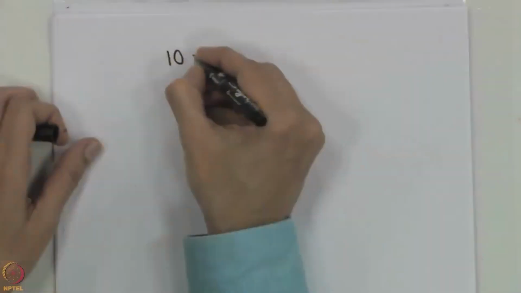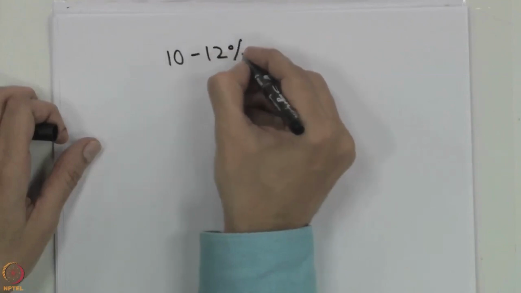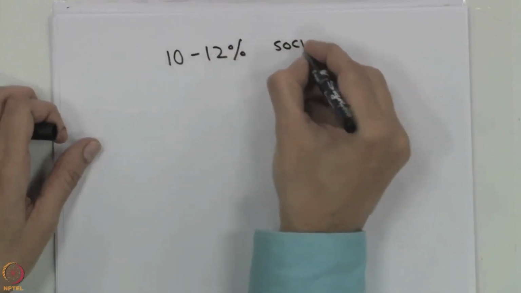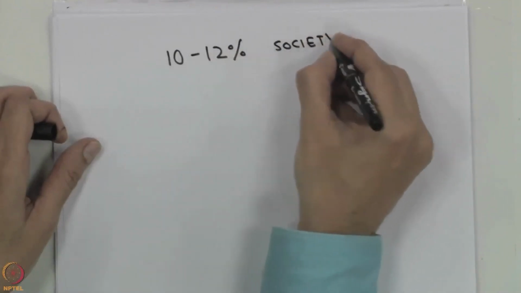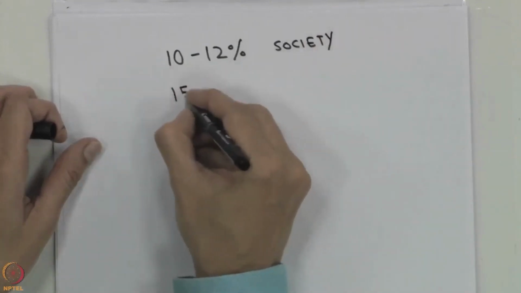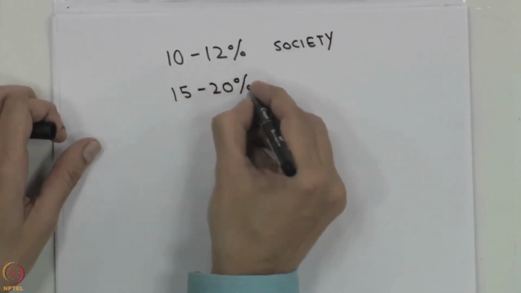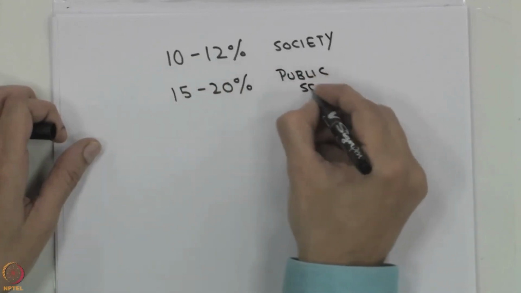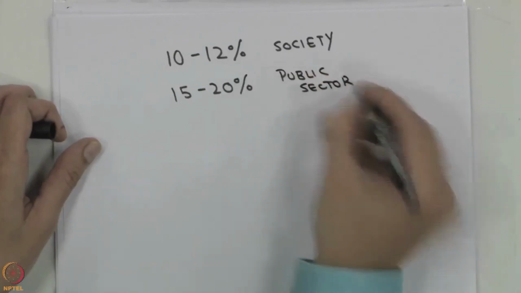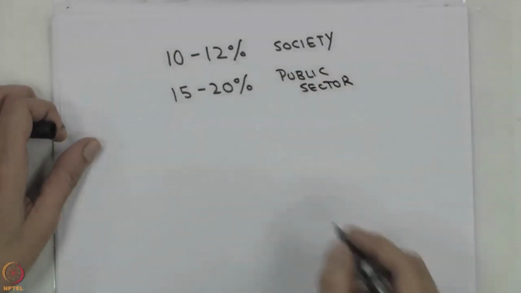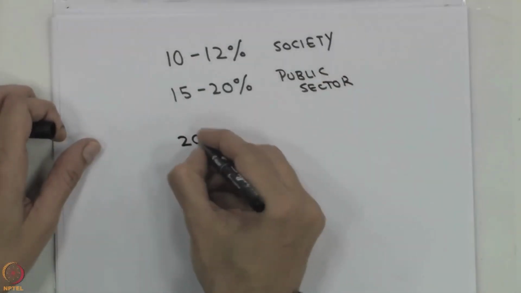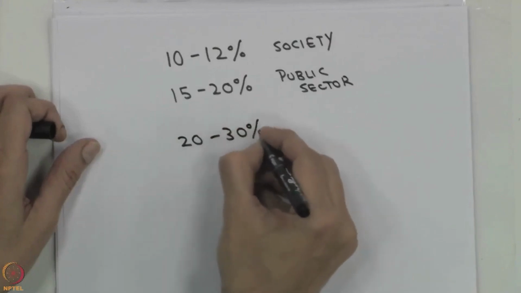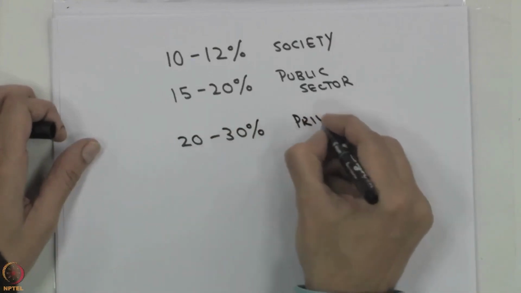Typically, we will look at a discount rate of 10 to 12%, which is like a societal discount rate. 15 to 20% are the discount rates for public sector companies, and also companies investing in the infrastructure sector. 20 to 30% often are the private companies, private industry.